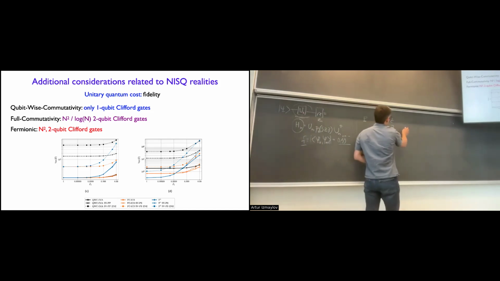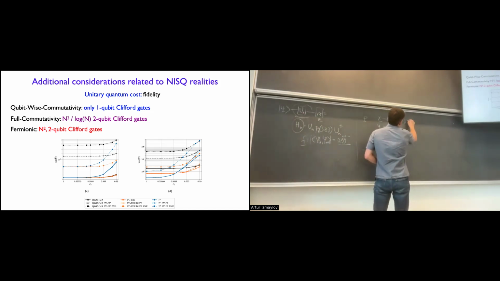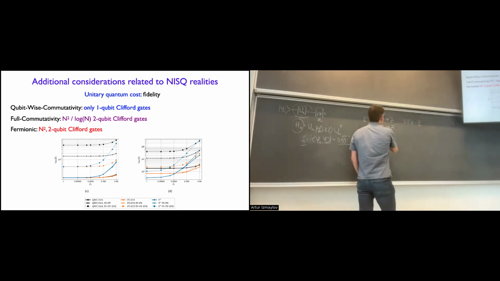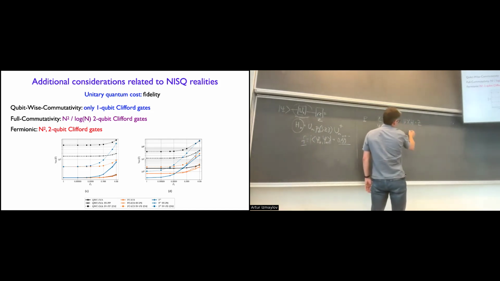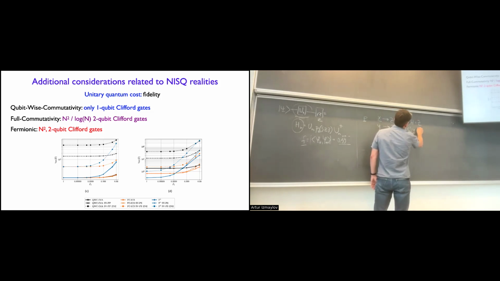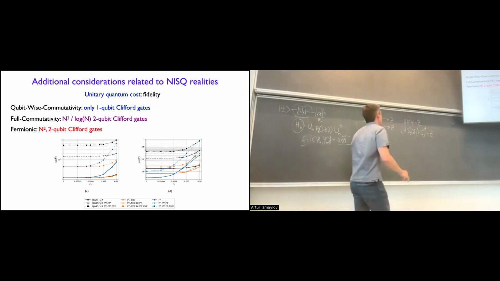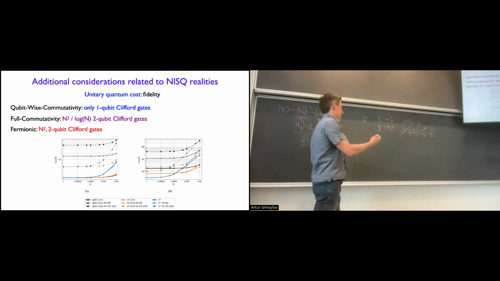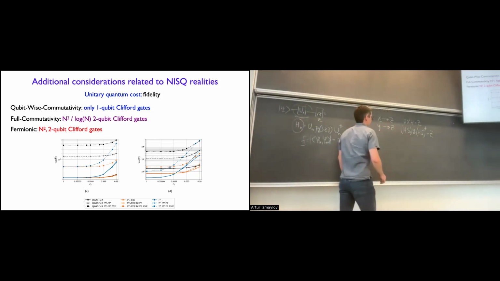And so this transformation is simply the Hadamard: H X H equals Z. For the Y transformation, on top of the Hadamard, all you need is to add the S phase gate, then you can get H S, say, to Z. Those things can be easily checked.